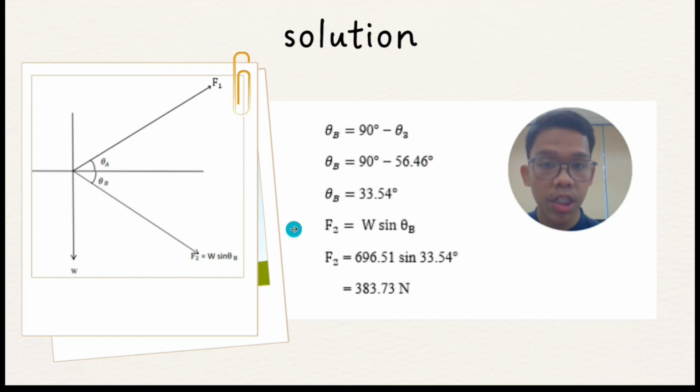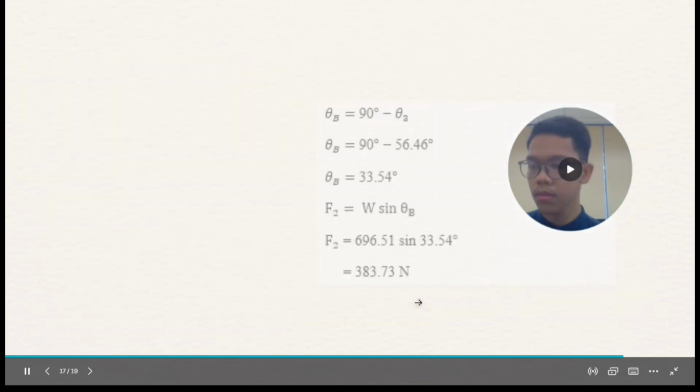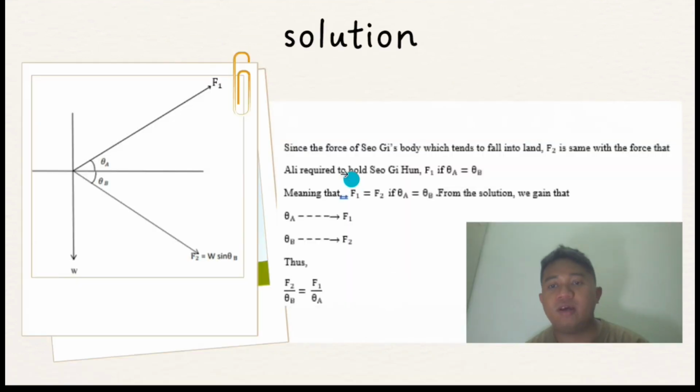Based on the illustration, force 2 equals W sine theta B, and we substitute the values and get F2 equals 383. This ratio is made from the assumption that we made earlier, which is that the angles are the same.